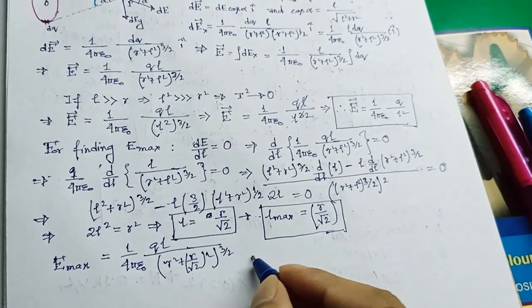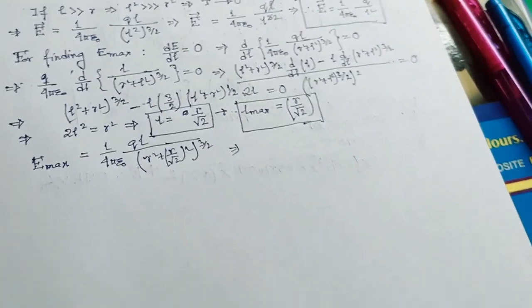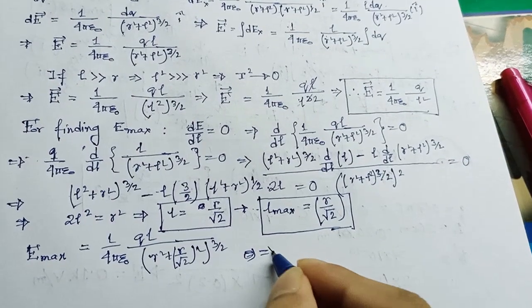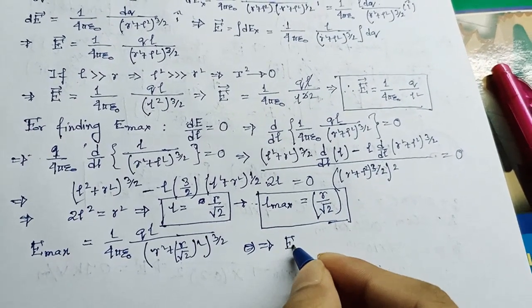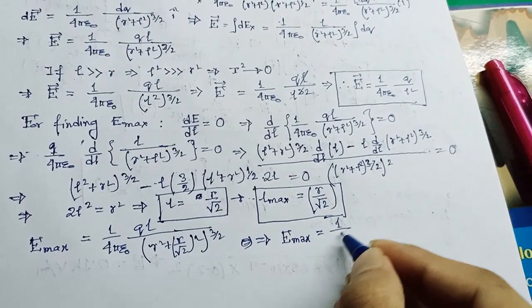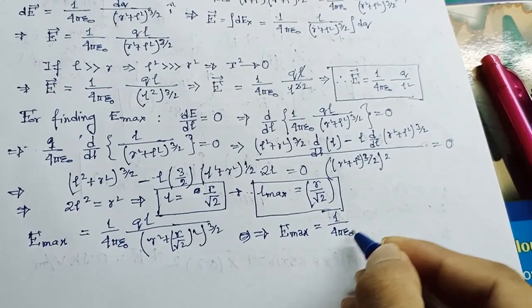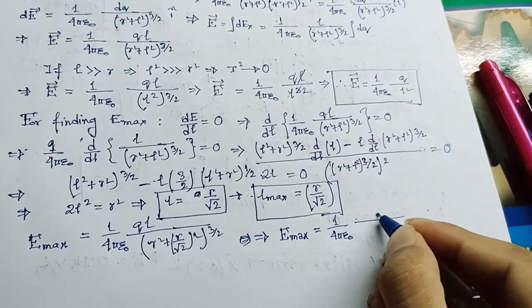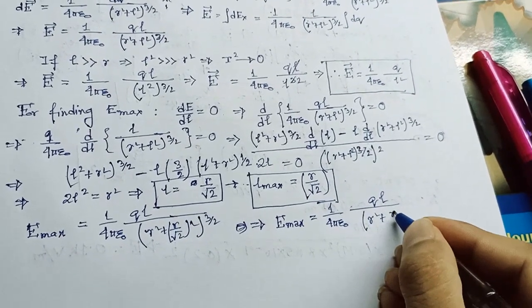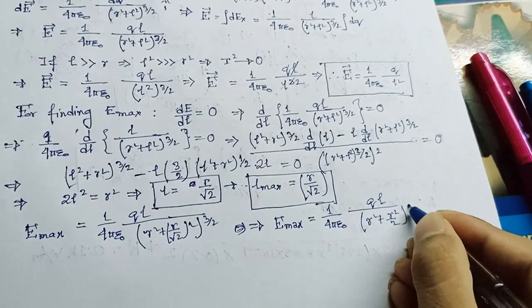So from this calculation, the maximum electric field will be equal to 1 divided by 4 pi epsilon naught into QL divided by (R square plus R square divided by 2) whole to the power 3 by 2.